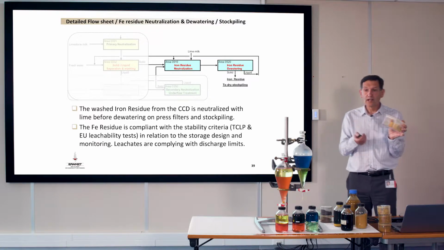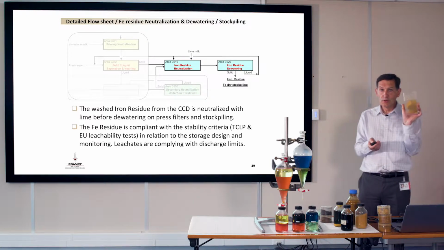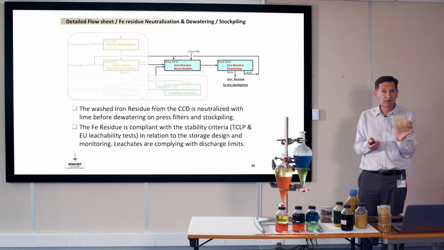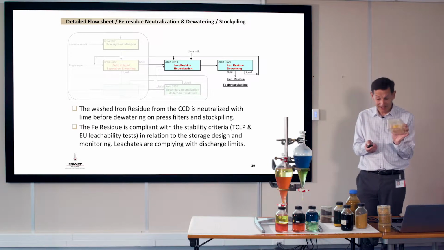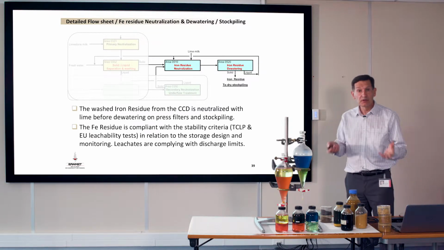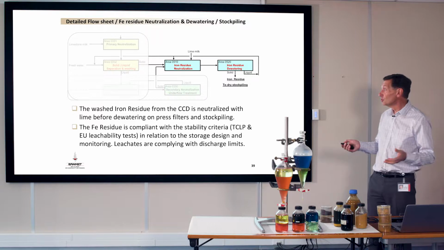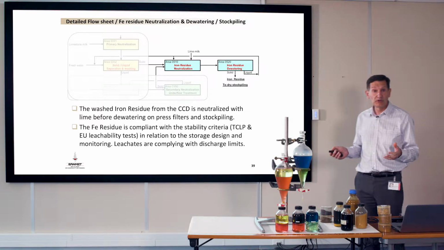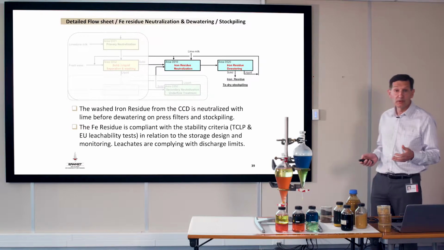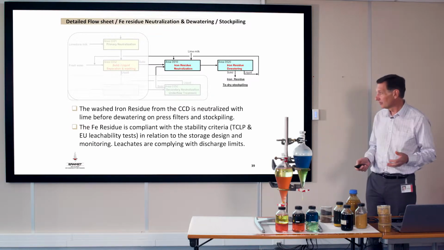For 1 ton of ore, you will create 1.5 ton of residue. It's very important during the development of the process to know what to do with this residue and how to stockpile this residue. Very, very important.